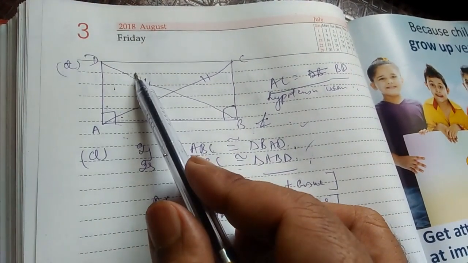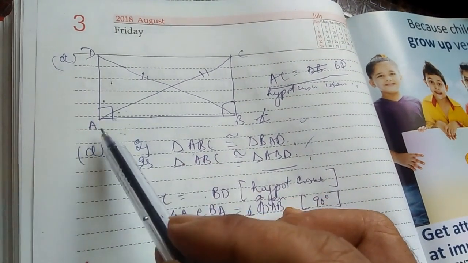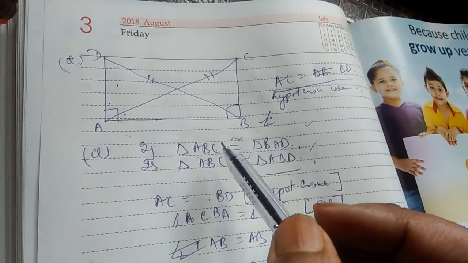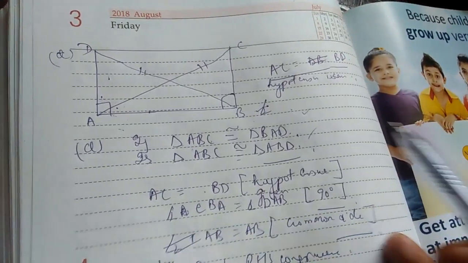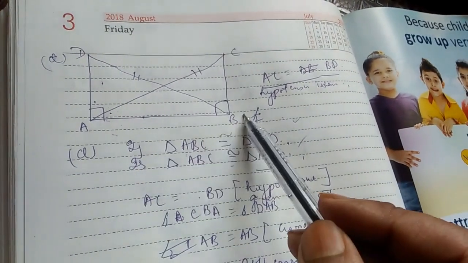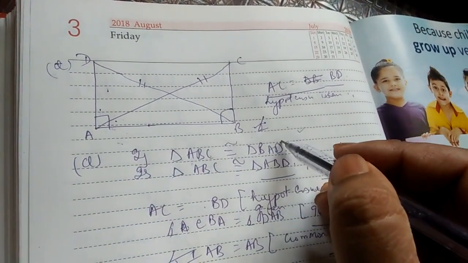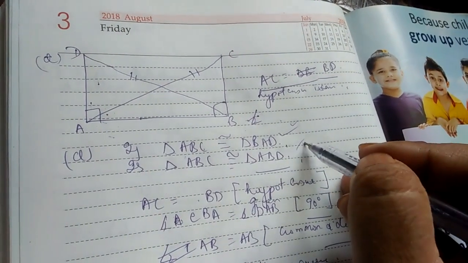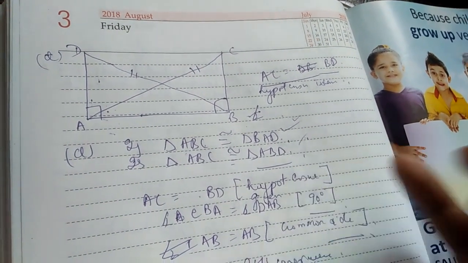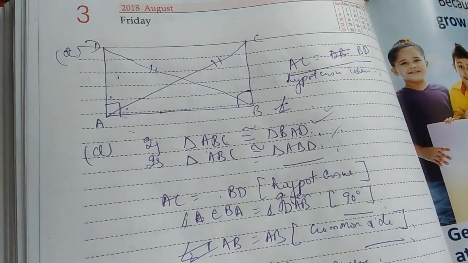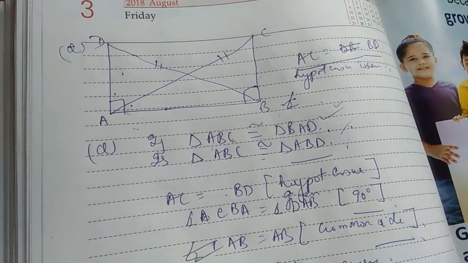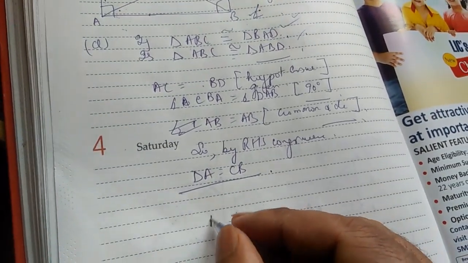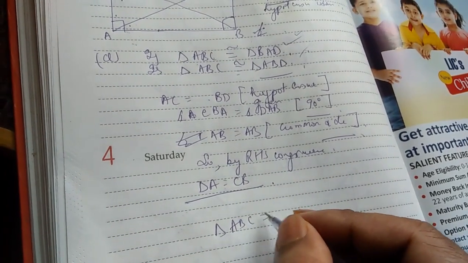ABC congruent to ABD? No. So the first one is correct, the second one is wrong. So triangle ABC is congruent to triangle BAD.